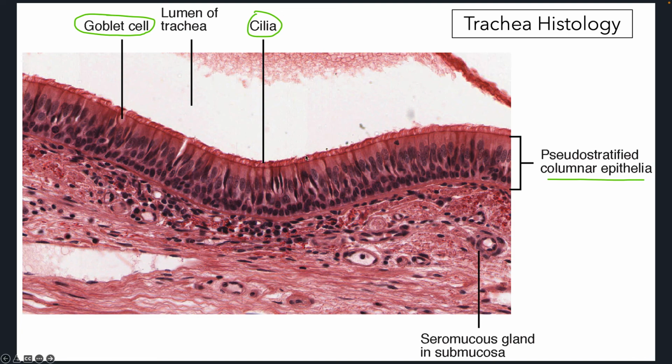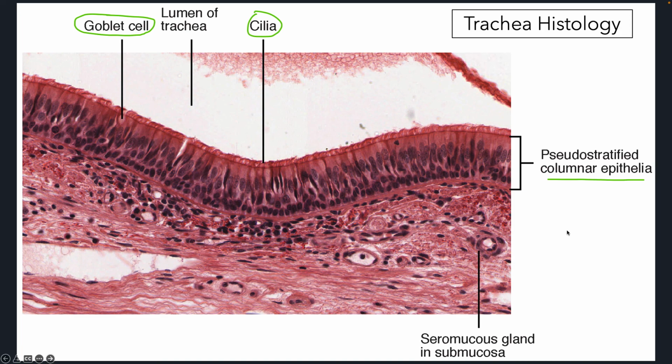The cilia help move mucus that the goblet cells produce to keep pathogens from entering our respiratory tract. So the cilia beat all the way up until they meet with the pharynx, and then they can drop that mucus into our esophagus so that we can digest the pathogens and break them down instead of getting them into our lungs and getting pneumonia or bronchitis, all that horrible stuff that we don't want in our respiratory tract.